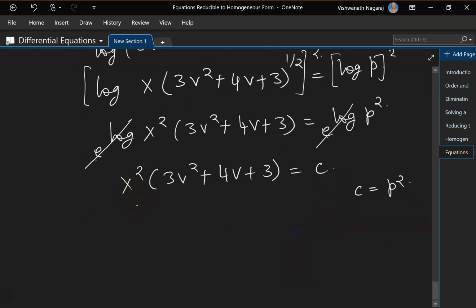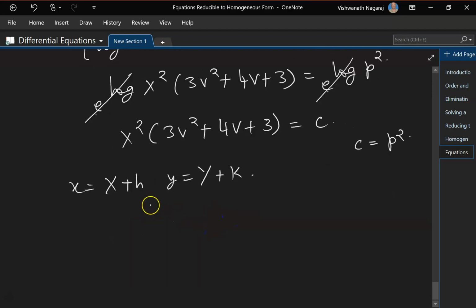Now x is what? Remember, lowercase x is x plus h, and lowercase y is equal to y plus k, and what else? y is equal to vx.